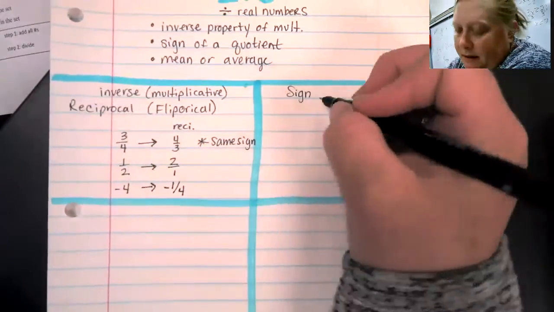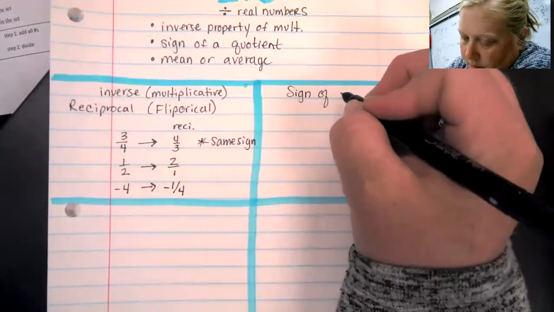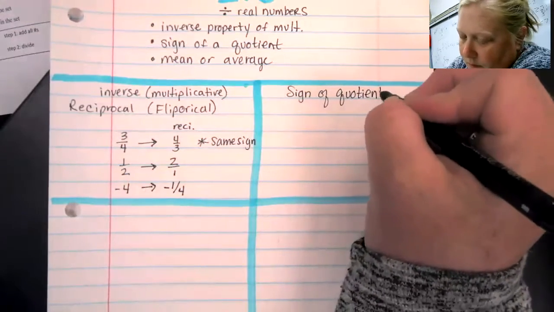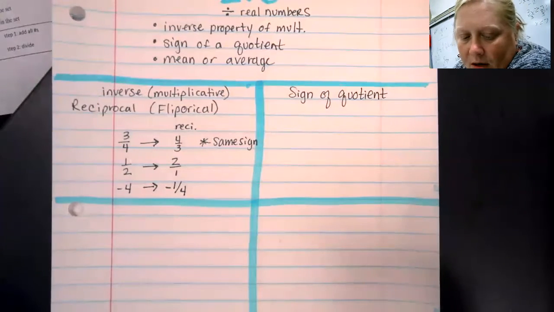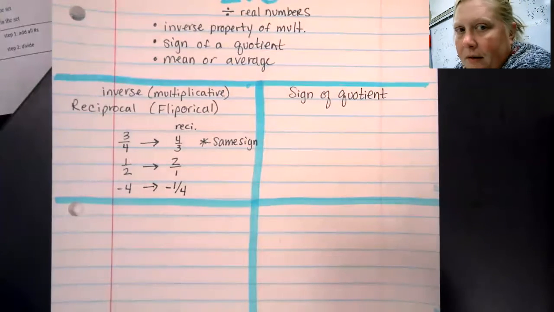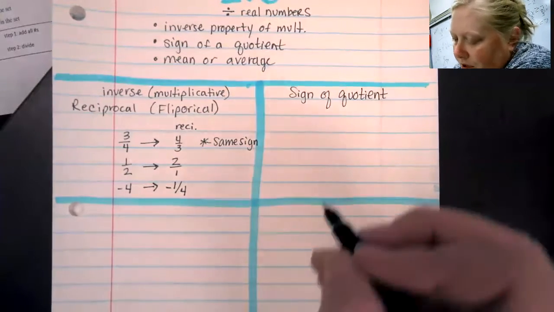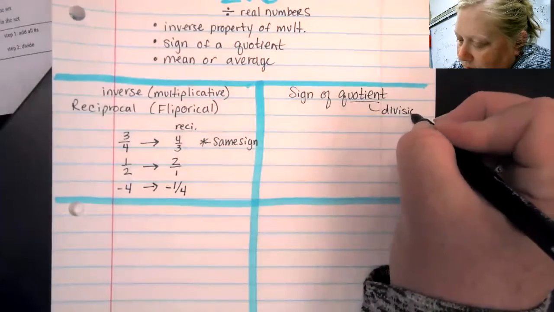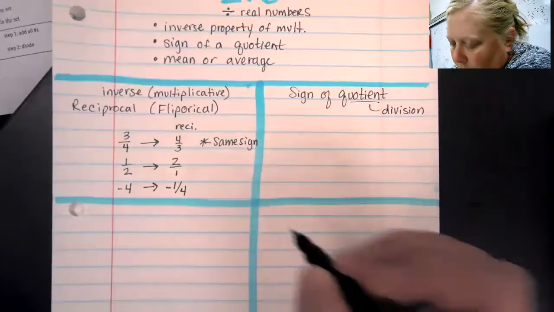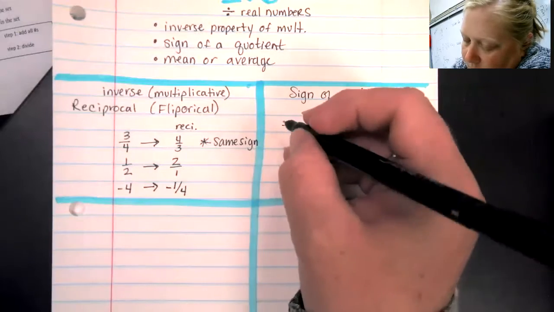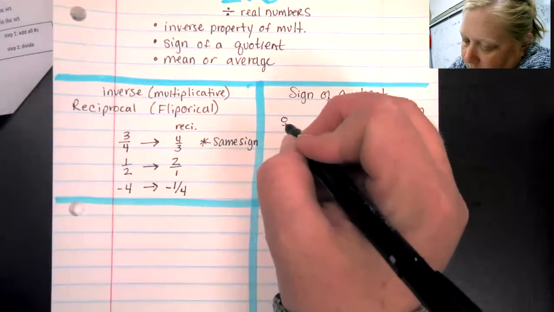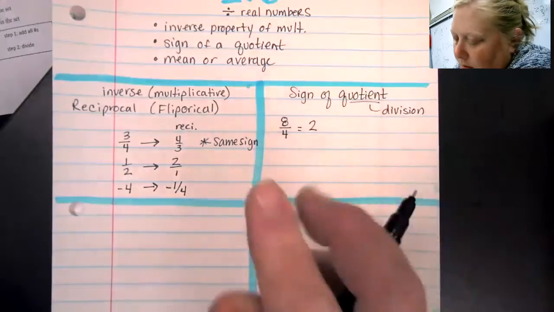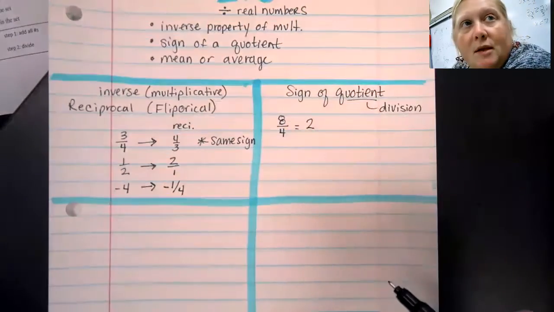Sign of quotient. Remember, quotient means division. 8 divided by 4 is 2. Two positives, still positive.